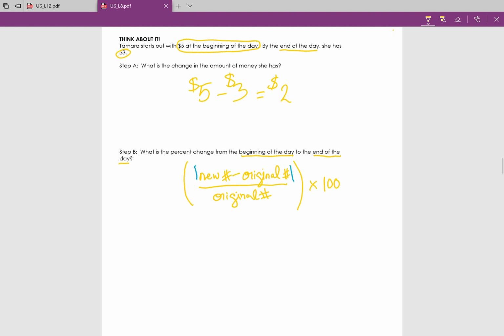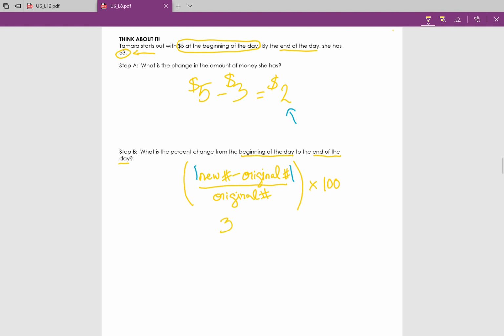So again, we're working with the new amount and the original amount. We're not working with this change that we calculated in part A. It's irrelevant right now. But our new amount, it looks like, would be $3. We're going from 5 to 3.